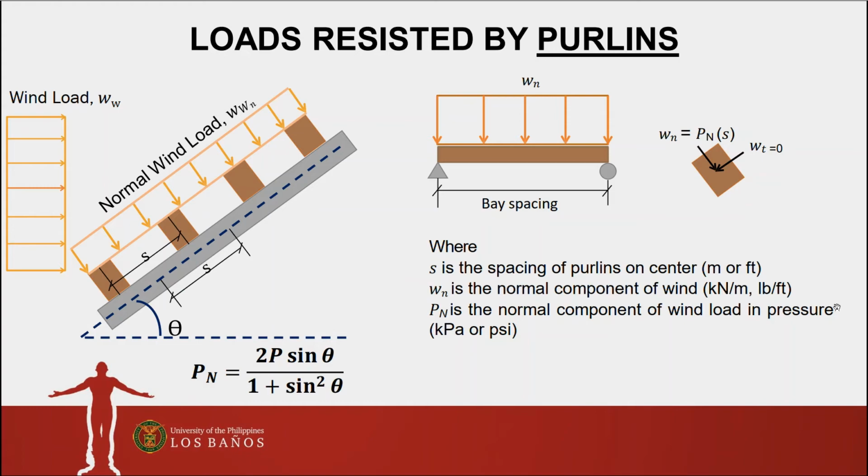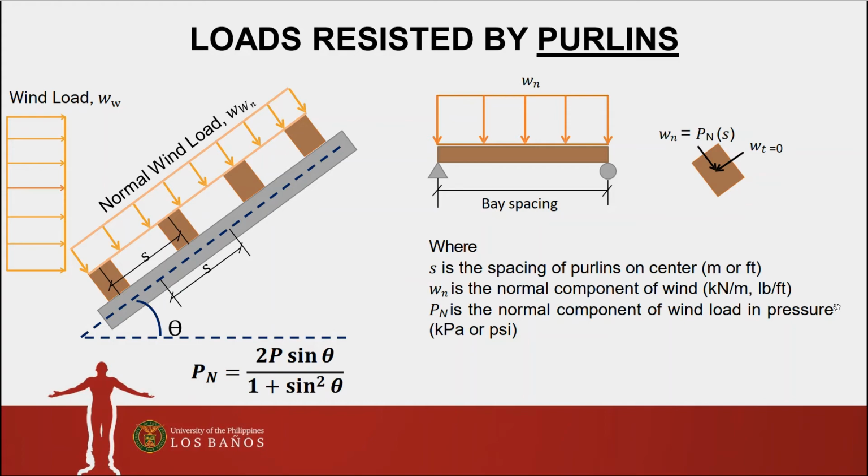So this will make the projection of the load from vertical to normal wind load. So it is different in the case from the roof live load, where the projection is, no sorry, they have the same projection to the inclined member.